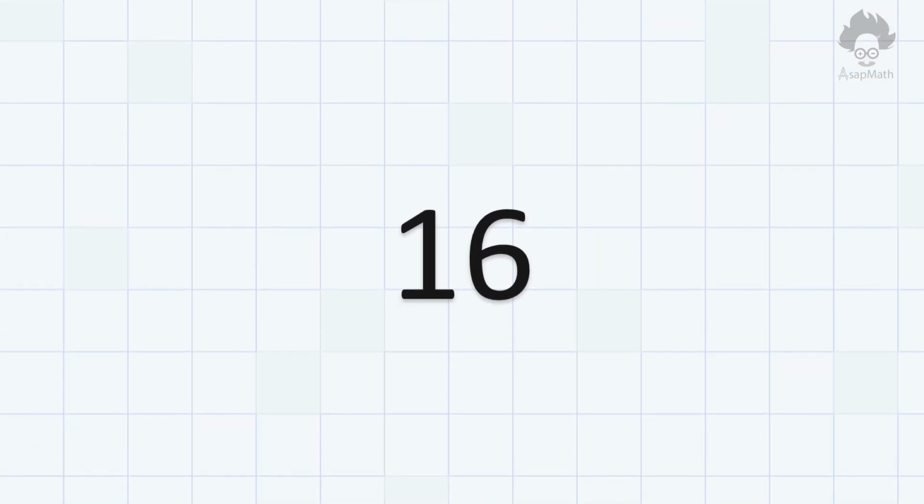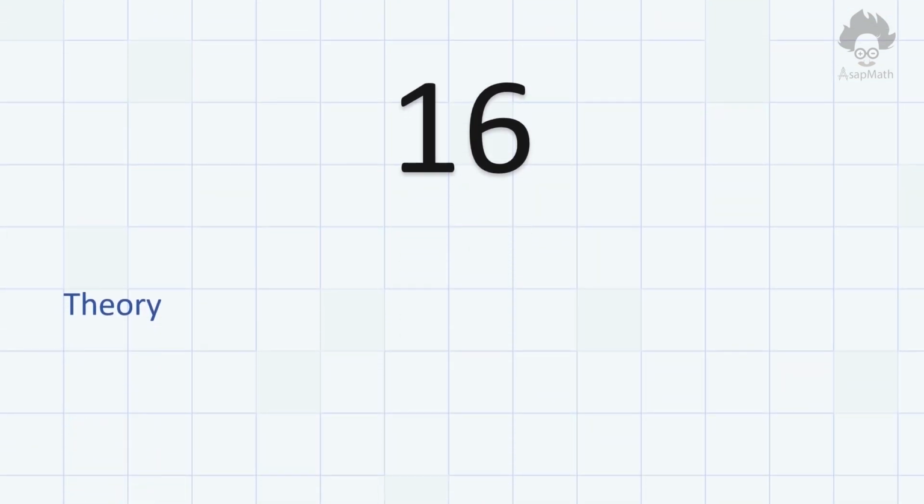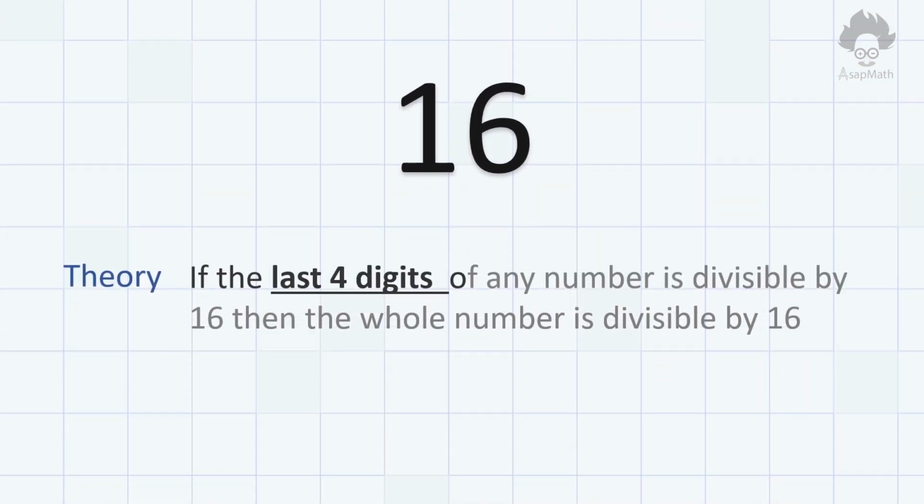The last number is 16. If the last four digits of any number are divisible by 16, then the whole number is divisible by 16. Here we have to consider the last four digits. We want to check whether it is a multiple of 16. If it is a multiple of 16, then the whole number is divisible by 16.